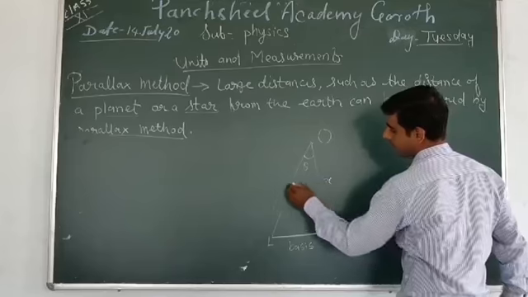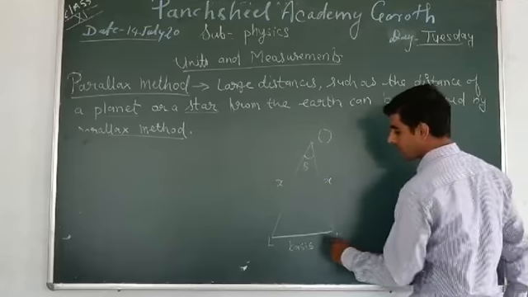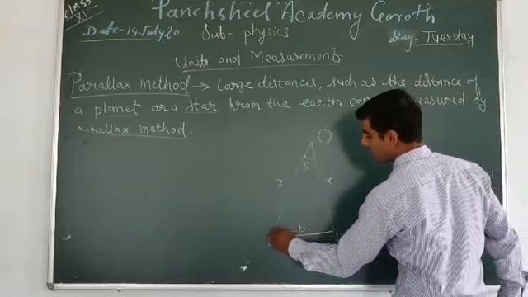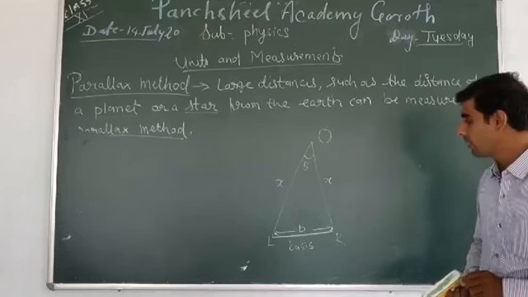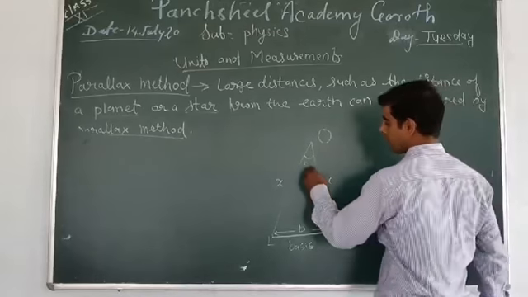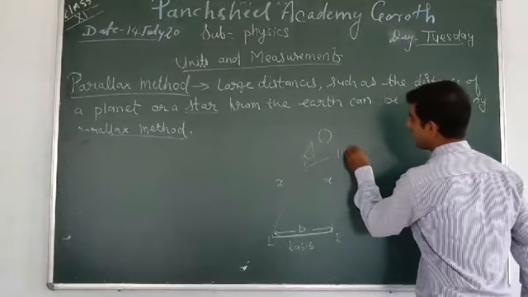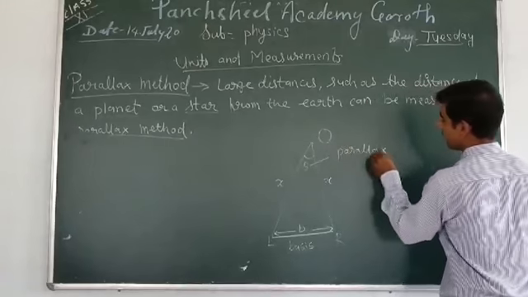Suppose I take x, this is also x, and this is the distance between L and R, B. So this angle is called the parallax angle.